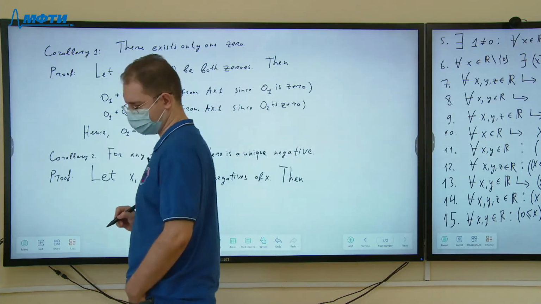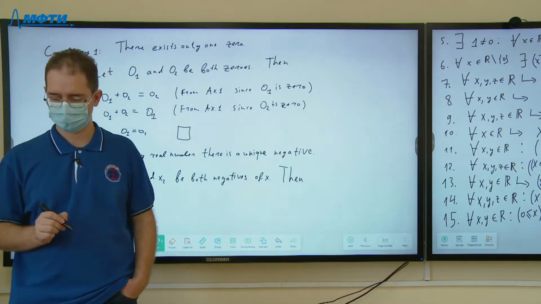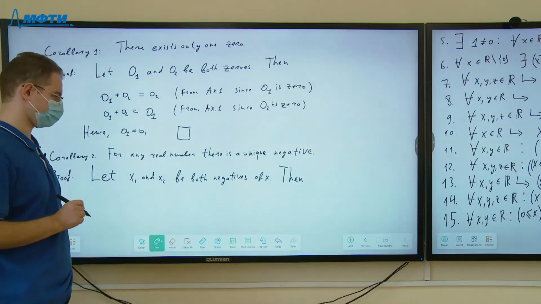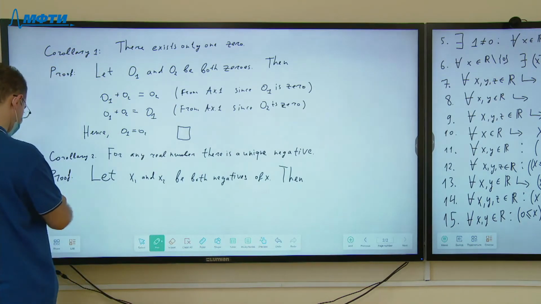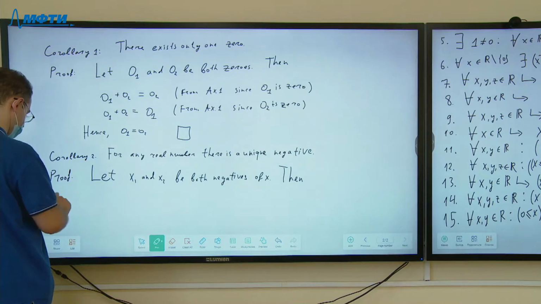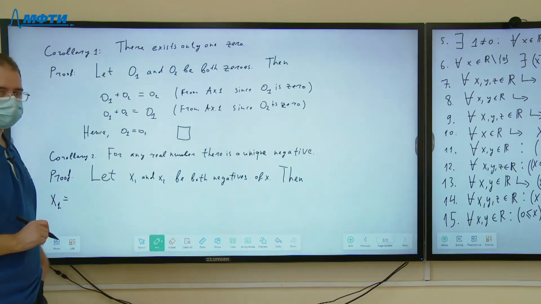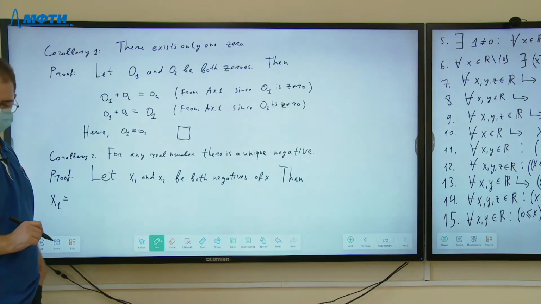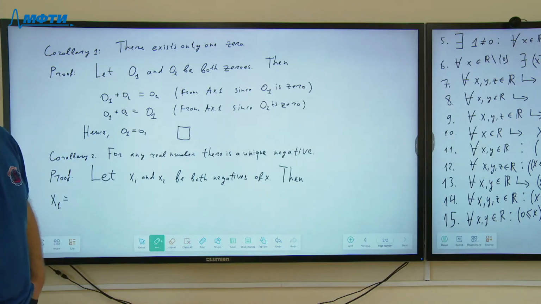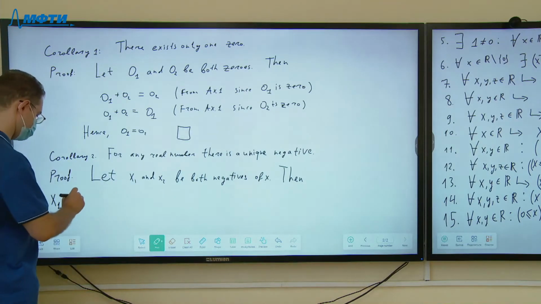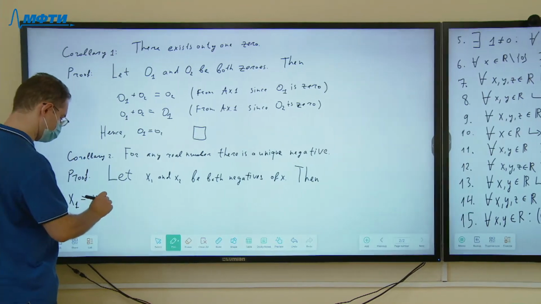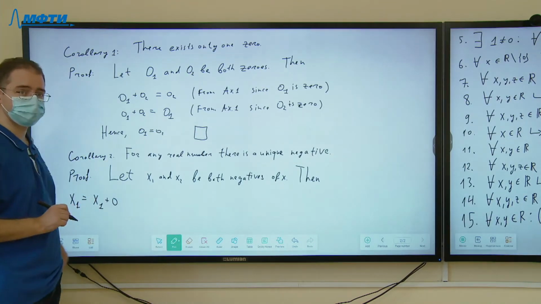Then x1, from the first axiom, equals x1 plus 0.